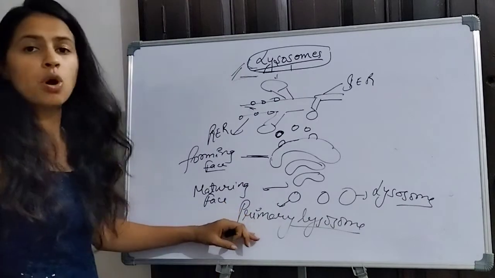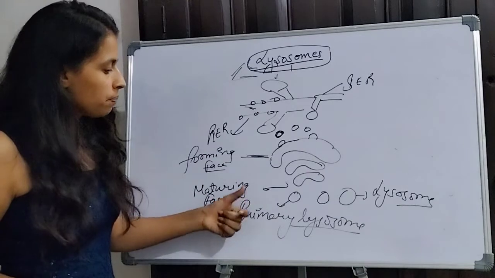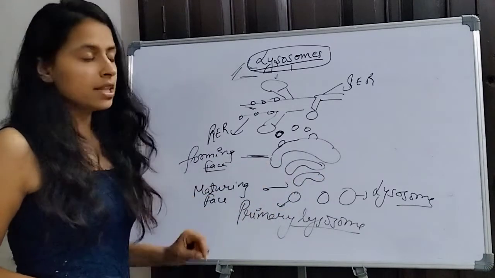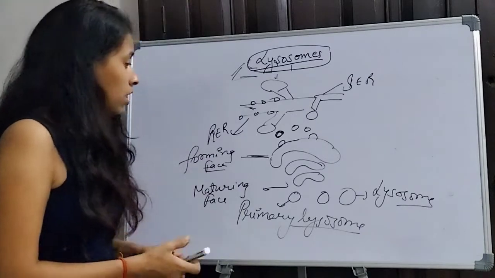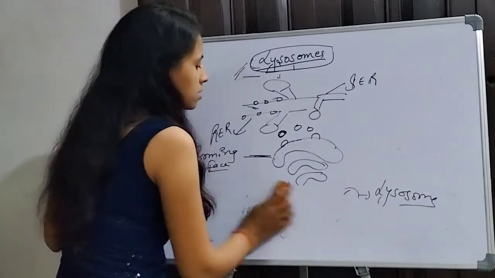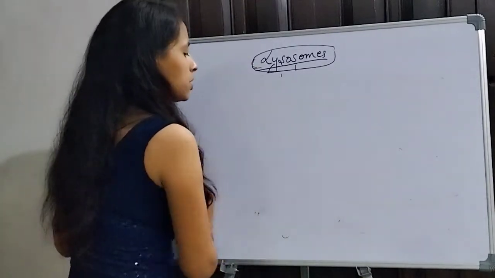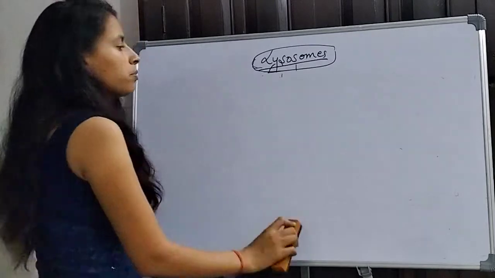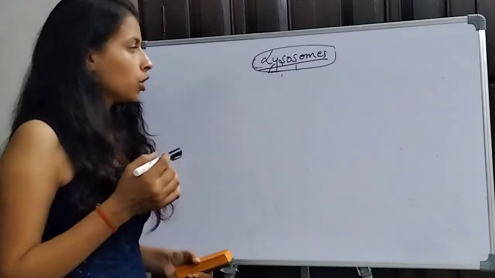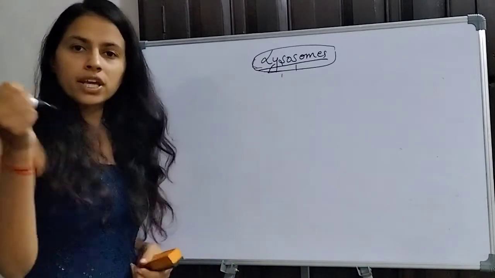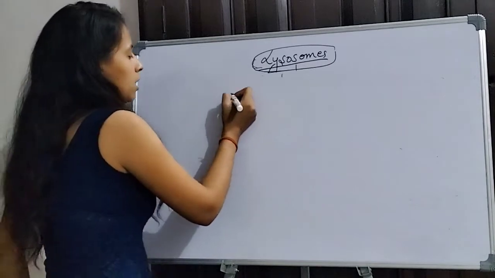These primary lysosomes are small in size, newly pinched off, and contain hydrolytic enzymes. Simply, primary lysosomes are newly pinched-off Golgi vesicles. When these Golgi vesicles fuse with endosomes, they form primary lysosomes.